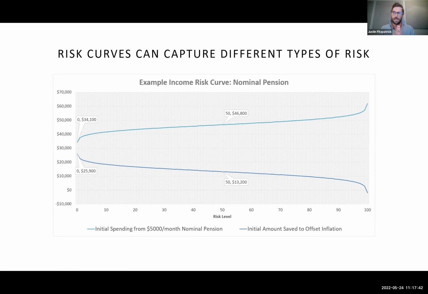And so here again, we see the exact same idea that these folks would be in a position of asking, what's the trade-off that I'm comfortable with here, right? Could I really feel comfortable spending only $34,000 from a $60,000 check every month, every year? Would I be more comfortable with a coin flip, saying, well, let's spend 46.8 and save the rest? That has a risk of 50 here. Again, no right answer.